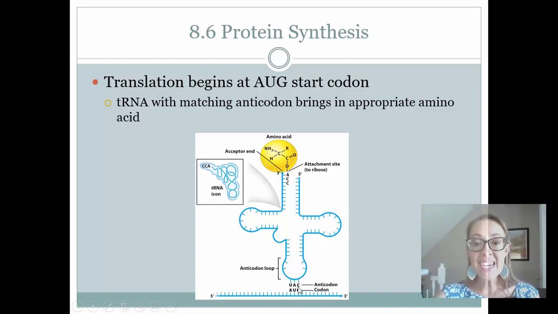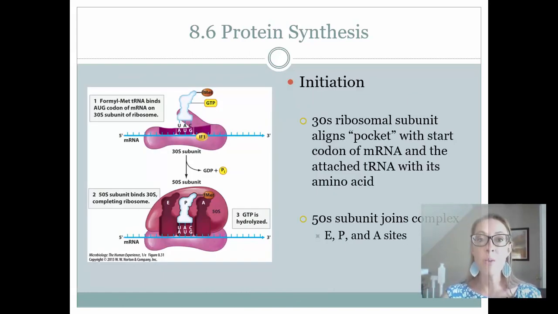So this anticodon is what's going to be important in bringing in the correct amino acid. It's that anticodon on the tRNA that is going to match the codon on the mRNA as our ribosome is translating that messenger RNA into a protein.